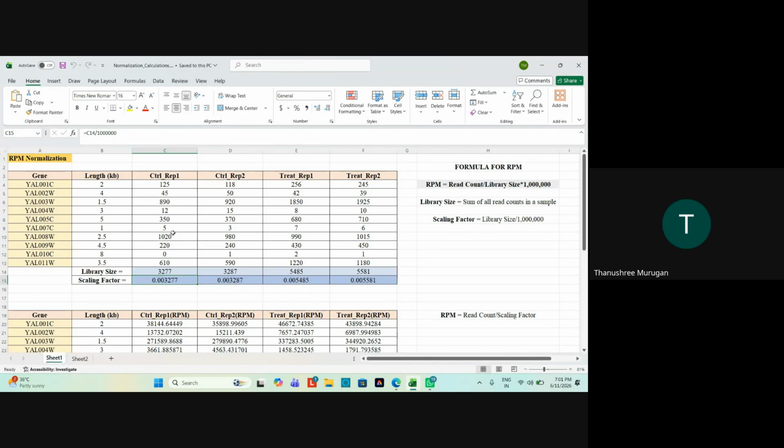For example, the library size of control replicate 1 is 3277, while control replicate 2 is 3287. Like that, I calculated the library size for all the samples. Next, I calculated the scaling factors using this formula. For the scaling factor, I took the library size and divided it by 1 million. Then I got this scaling factor result.